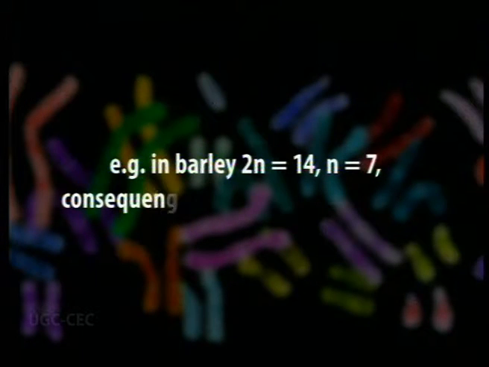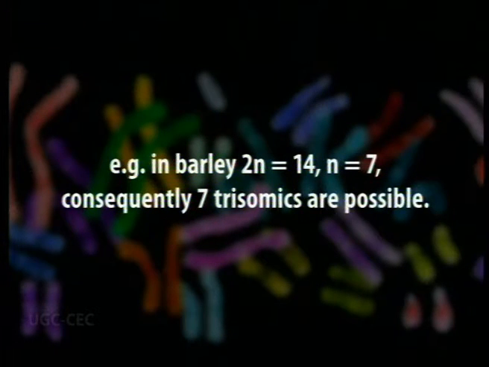The organisms carrying an extra chromosome are called trisomics. In case of barley, for example, 2n is equal to 14, there are 7 trisomics possible.